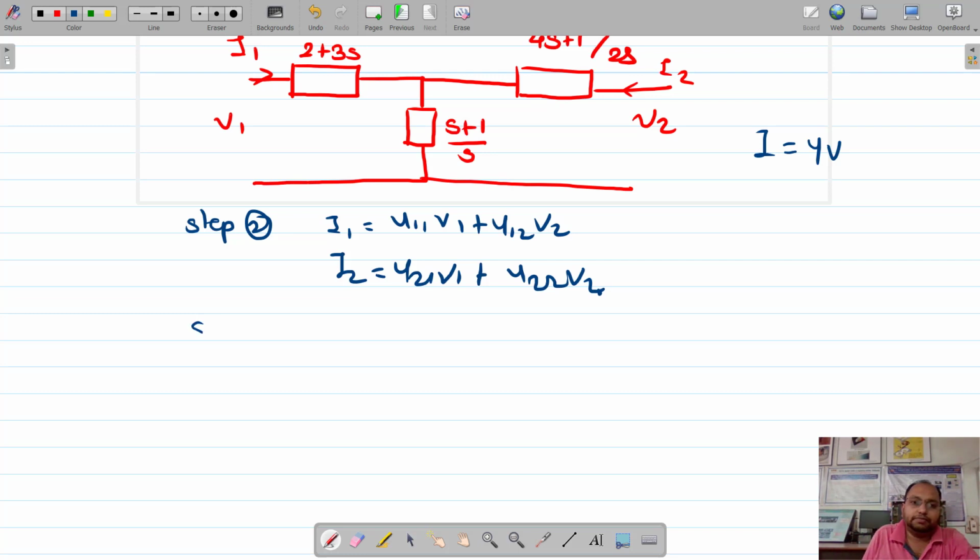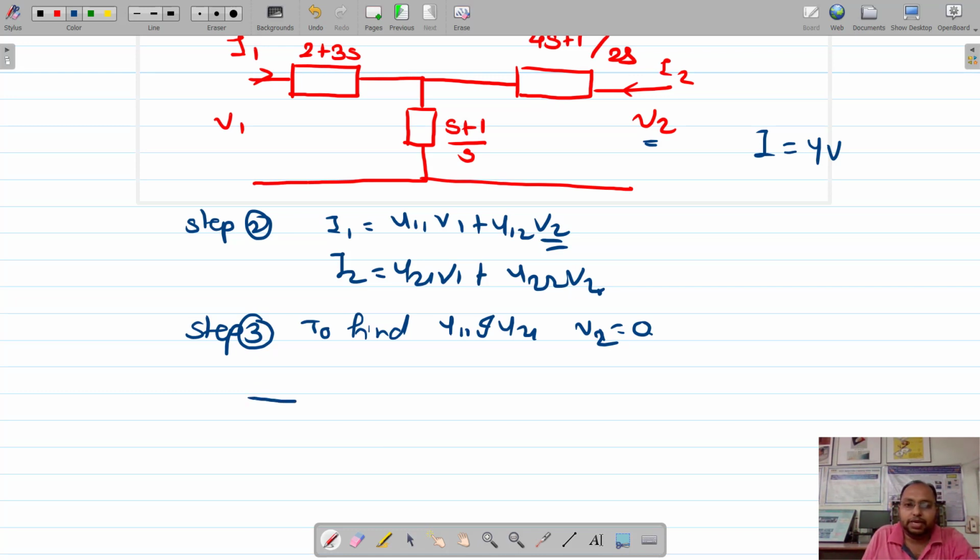Step number 3 is you need to make v2 equal to 0 by making a short circuit at this port. To find y11 and y21, put v2 equal to 0, not v1.